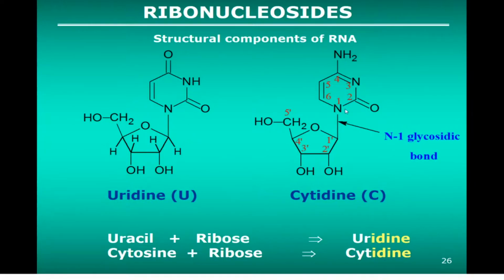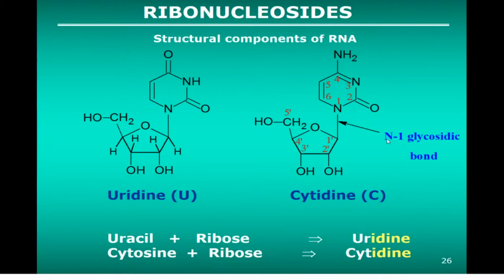Purines are also present in DNA and RNA, and there will be an N9 glycosidic bond. In all cases, no matter what the structure, what the nucleoside, there will be a beta bond. So it's enough to indicate N and the number.